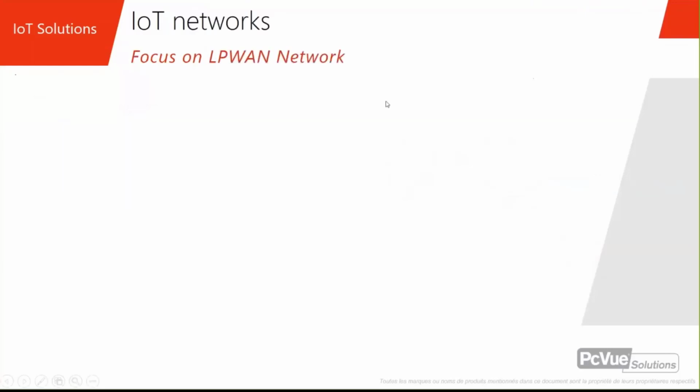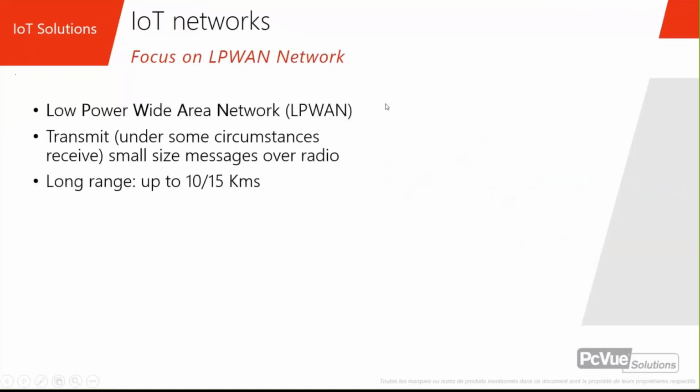So if we focus on the IoT network, the LPWAN network, as I said, the low power wide area network, this kind of network is based not on a polling system like standard protocols or drivers, but on a publish-subscribe mode.